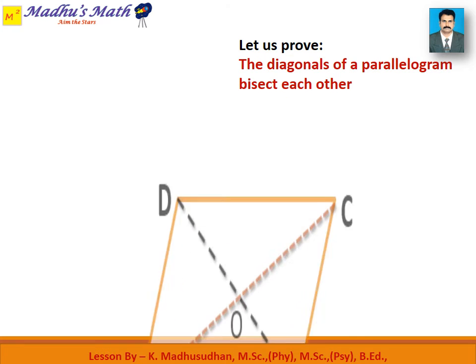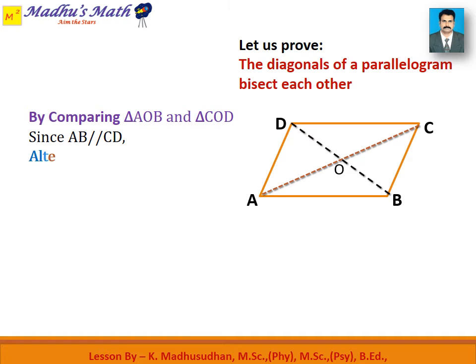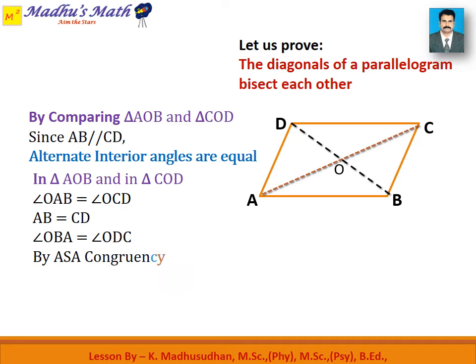Now, for this, we will have a proof. For the diagonals AC and BD, when they intersect at the point O, it results in the formation of two triangles, triangle AOB as well as triangle COD.